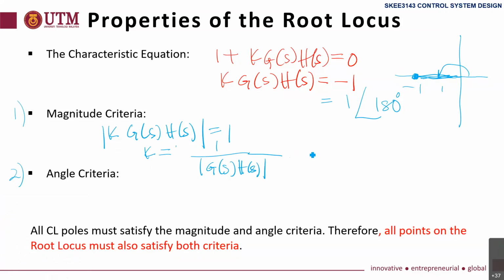We also have an angle criteria. That means the angle of K G(s)H(s) must be 180 degrees. Or we can also take another round, plus 360, that means 540 degrees, and so on. It will be the same.